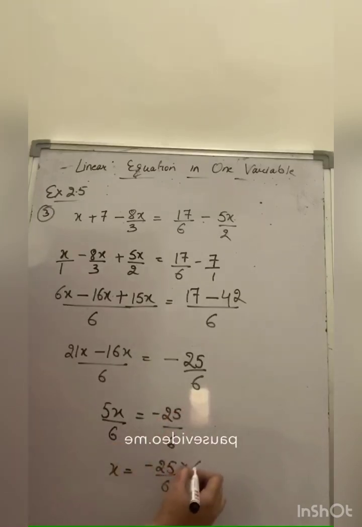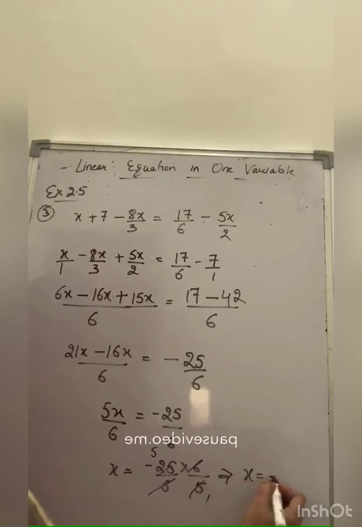Now x is equal to minus 25 by 6. 6 will get multiplied and 5 will get divided. So now 6 gets cancelled. 5 ones are 5, 5 fives are 25. This implies x is equal to minus 5. So see again what we have done in this question.